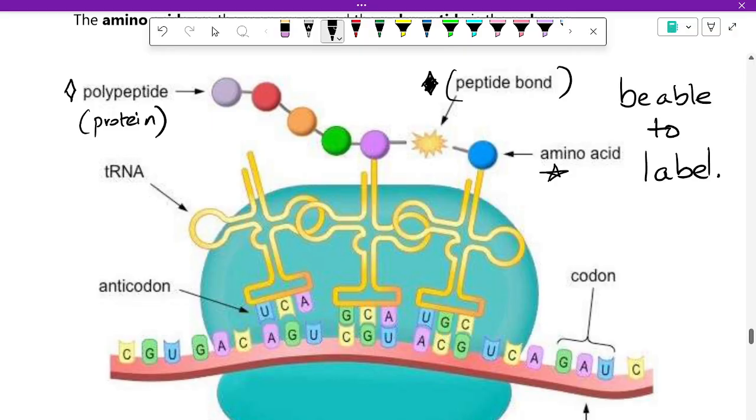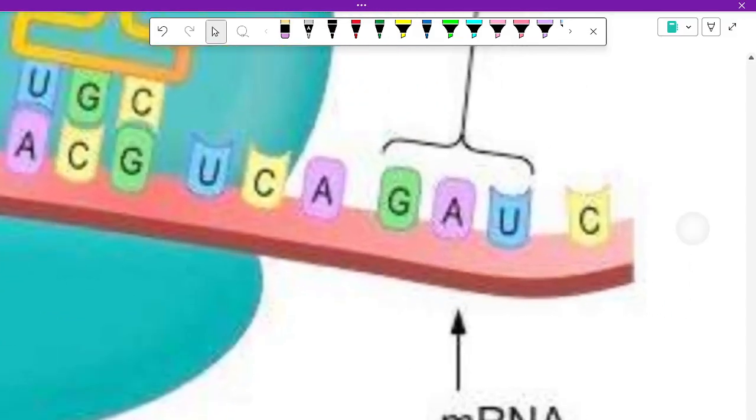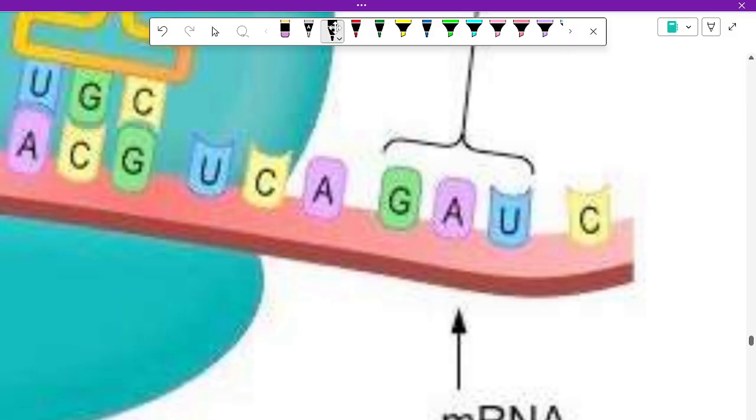You should be able to label the tRNA. You should be able to label the anticodon, which is this part here. Now sometimes people get confused. There will be an arrow pointing here, and sometimes people will label this sugar phosphate backbone.